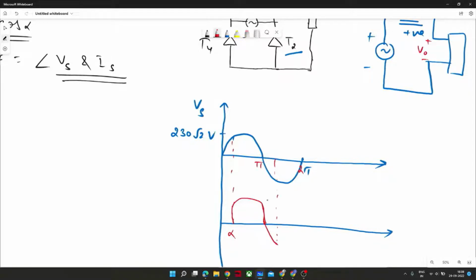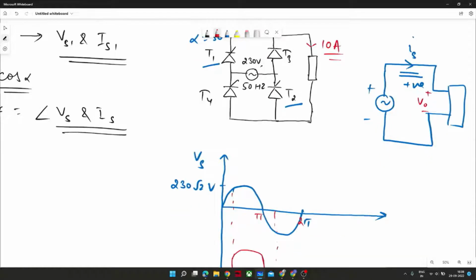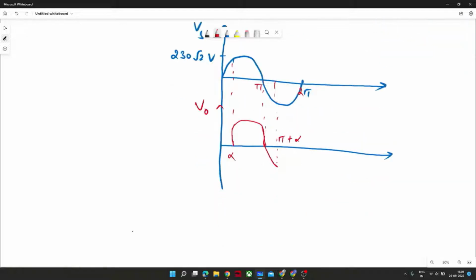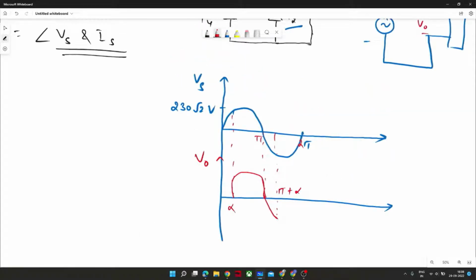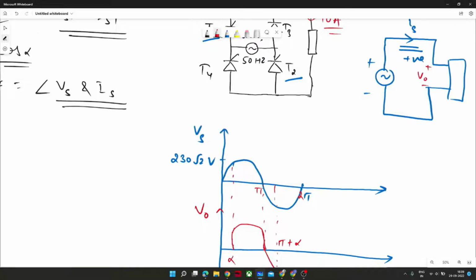And after that point, T3 and T4 will take over, and T1 and T2 would be reverse biased and get turned off. So from alpha to pi plus alpha, this is the voltage waveform of the output. Now, we had to calculate the waveform of this Is.